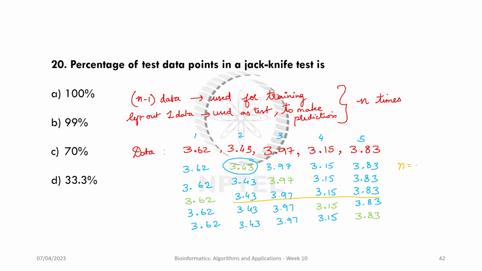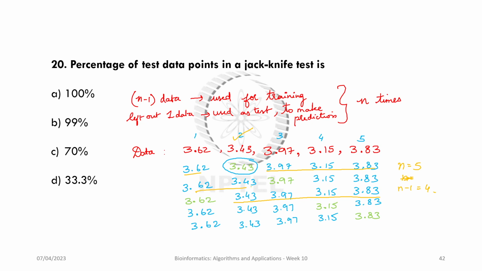So if n is equal to 5, n minus 1 is equal to 4. Therefore, in the first case we used first and last three data as training, and the second one as test.